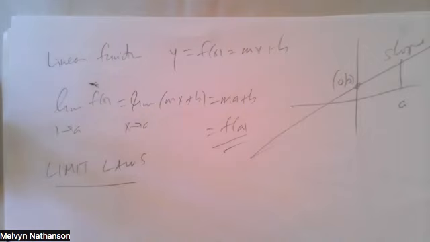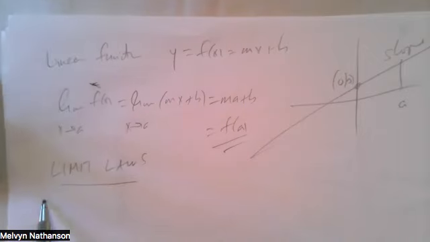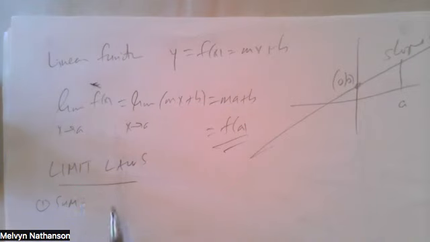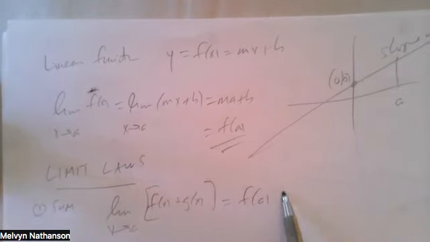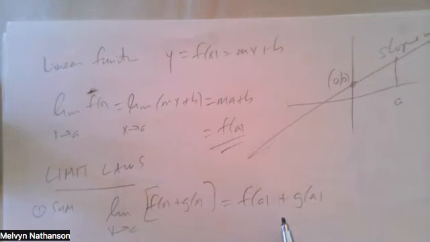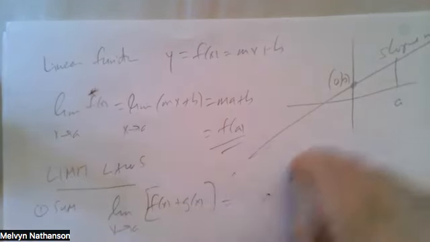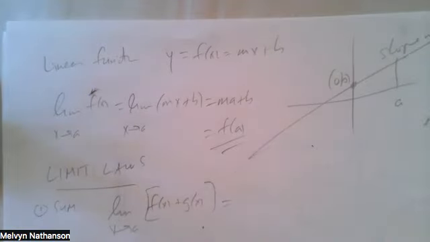So for example, for the sum of two functions, the limit of f of x plus g of x as x approaches a, if both limits exist, this limit is just the sum of the limits. Actually, I shouldn't write it like this. If both of these limits exist, the limit of the sum is the sum of the limits.